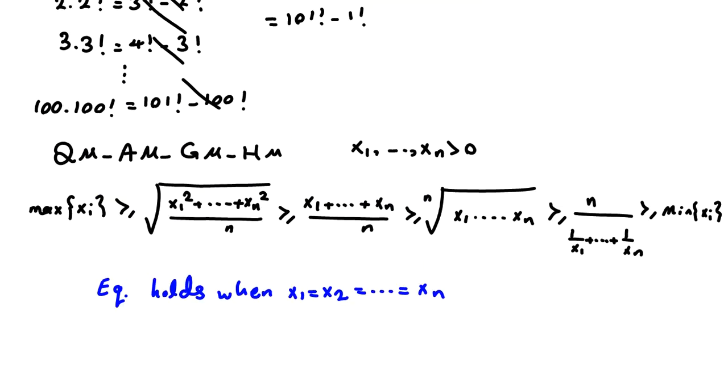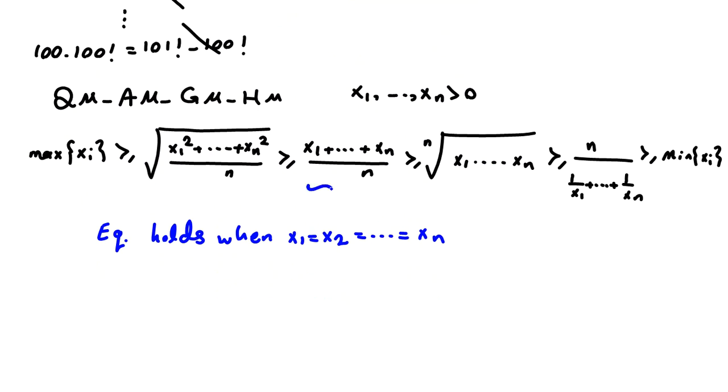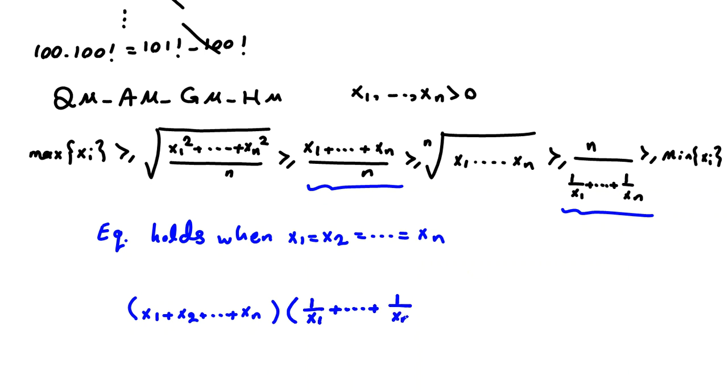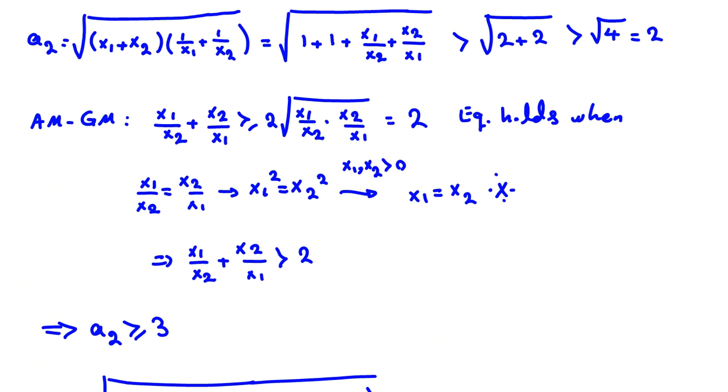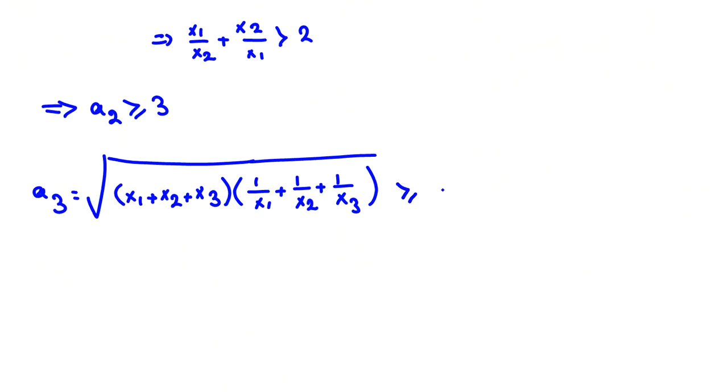Okay. Here, if we consider AM and HM, x1 plus x2 up to xn, multiplied by 1 over x1 up to 1 over xn, is greater than or equal to n squared, by AM-HM. So we can say it is greater than or equal to the square root of that, which we proved by AM-HM.